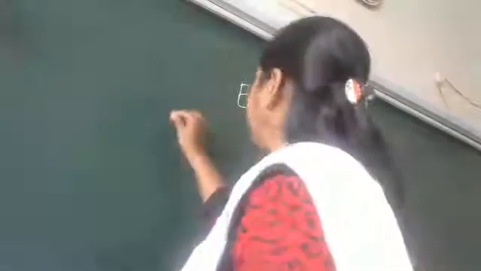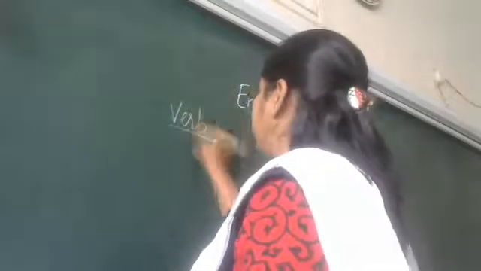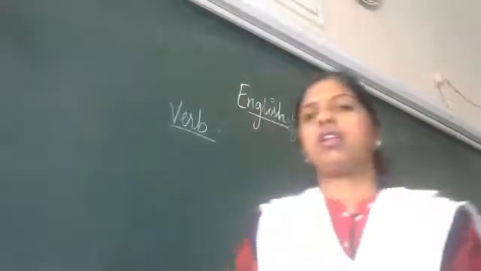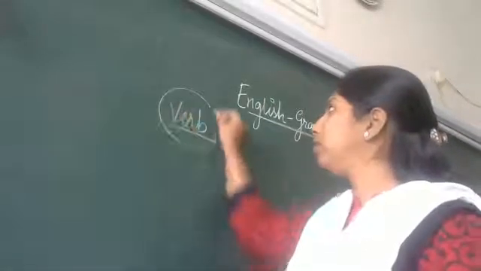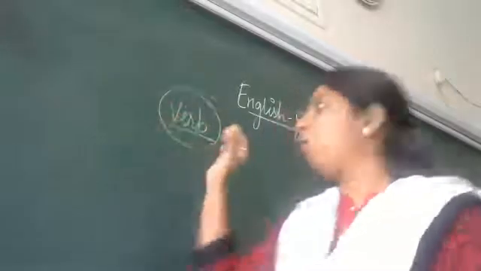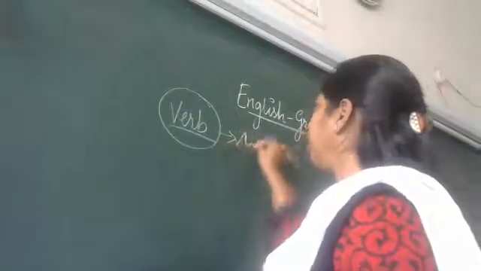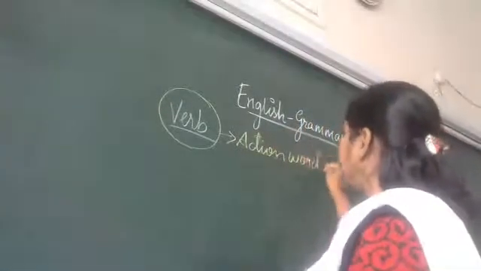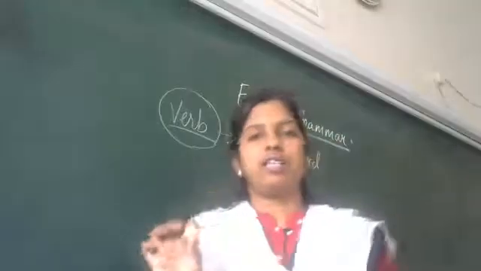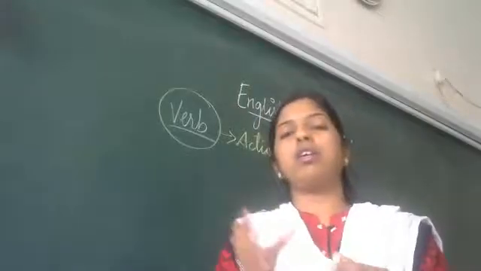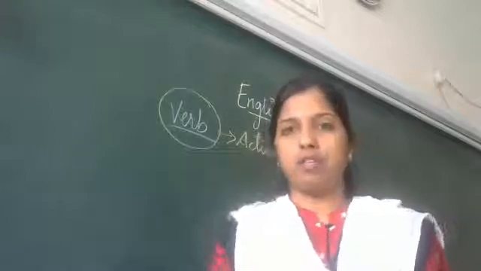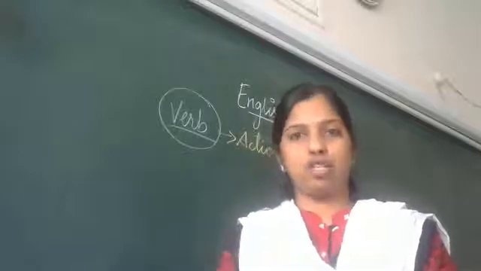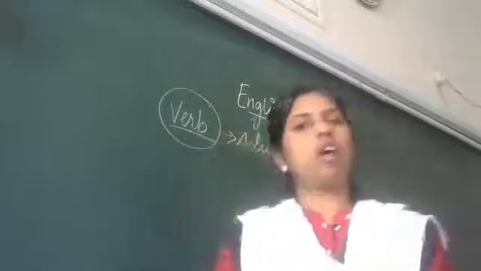Before that, everybody knows what is a verb. What is a verb? Yes, a verb is an action word. That means in a sentence, when there is a word which tells you about an action, or about the subject who is going to make an action, that indicates that it is a verb.